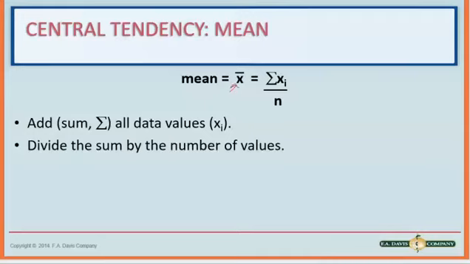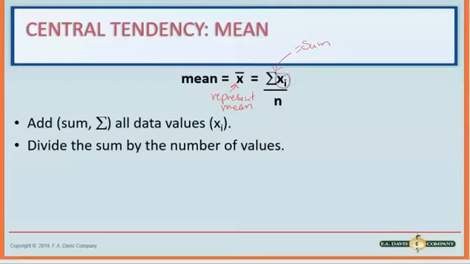This just represents the mean. The sum times x with a subscript i. This funky looking E just equals sum. It just means sum.